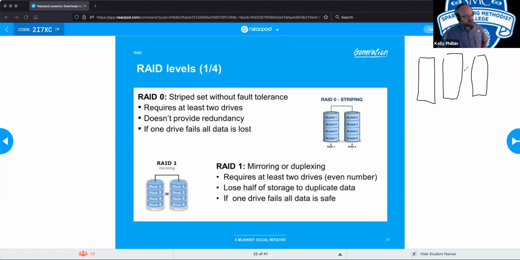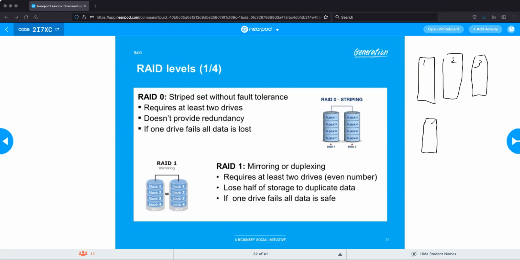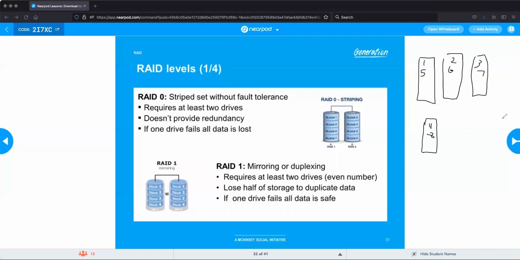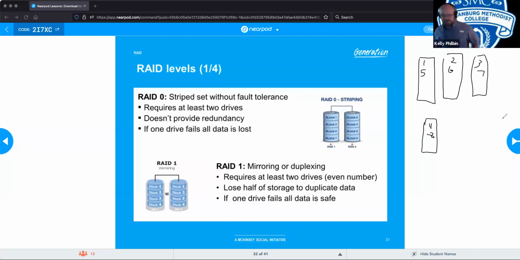If I have 4 drives and I increased it from 2 to 4, as it's writing, it's going to go bit 1, bit 2, bit 3, bit 4, and then go back to the beginning. Bit 5, bit 6, bit 7, bit 8. Okay, got you. So that's striping the data across all the drives. It's sharing all the drives together and then throwing 1 bit at a time into each bucket.